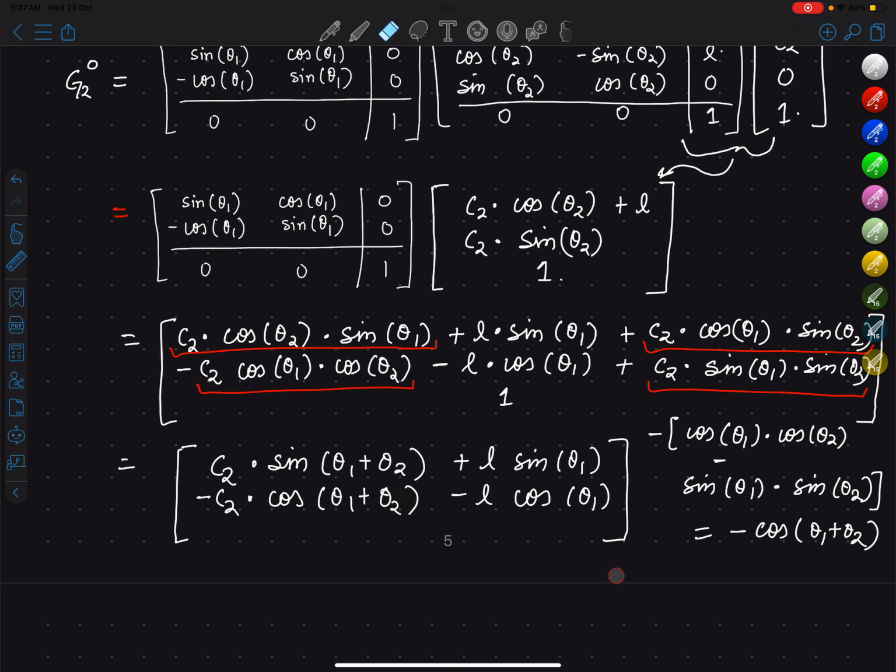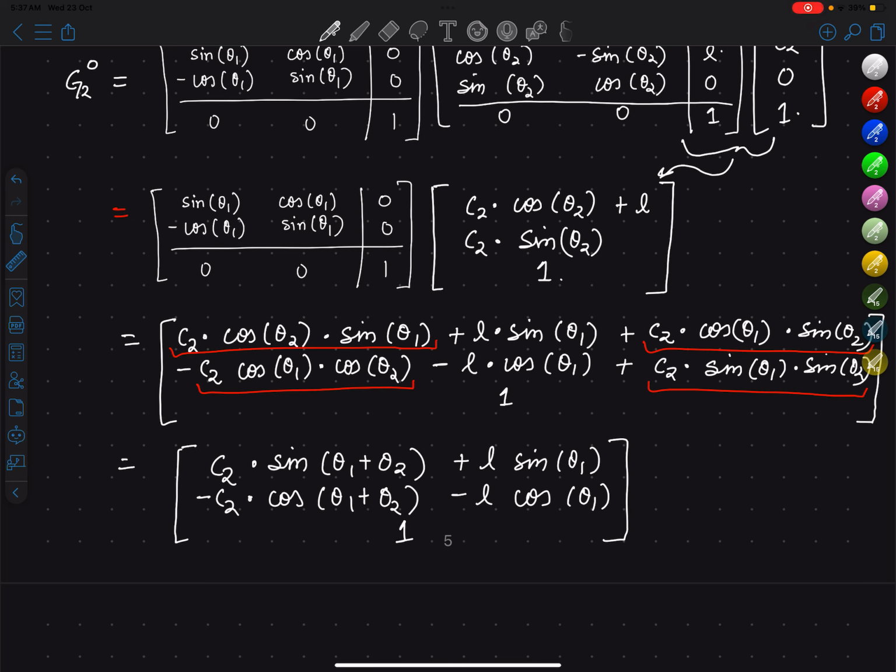Alright, so yeah, you can look it up. There are trigonometric identities to simplify this expression. Okay, so this is the homogeneous coordinates of the center of mass of link 2 with respect to frame 0. Now we can extract only the coordinates. So G20 equals the top part.